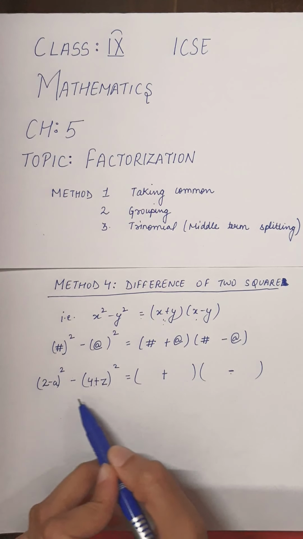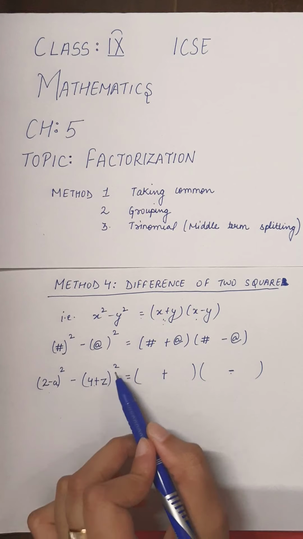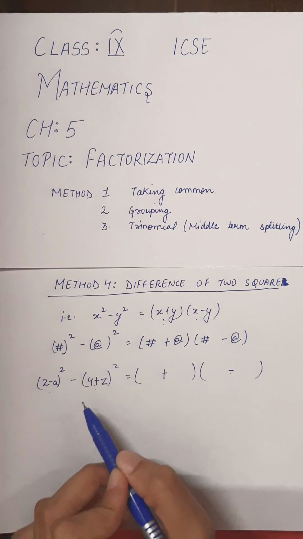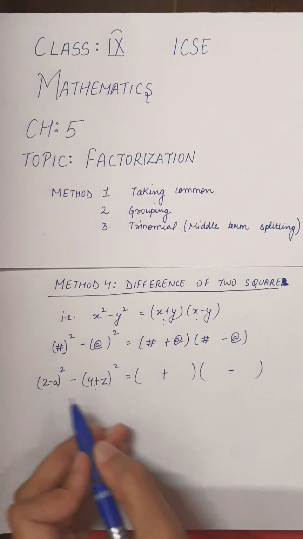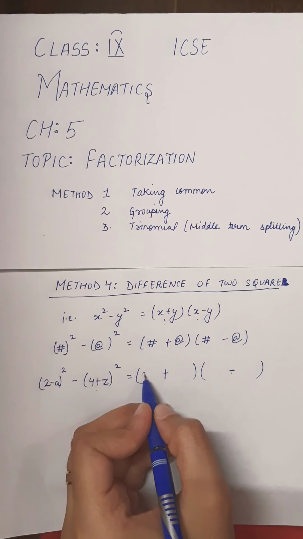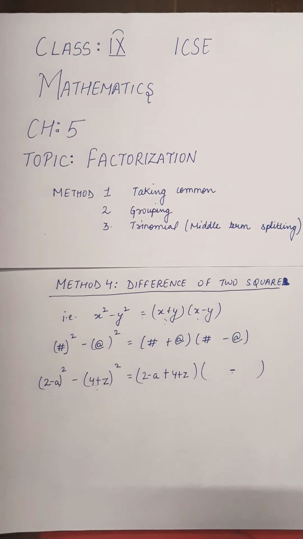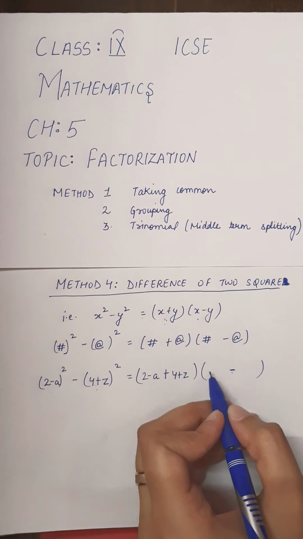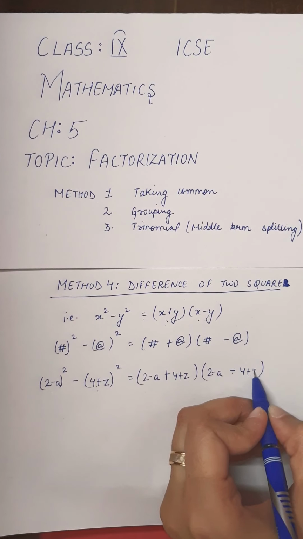If you can see this format, square of something minus square of something, you can factorize it. Both the brackets will be written here, 2 minus a and 4 plus z. Exactly the same I will write here, 2 minus a, 4 plus z.